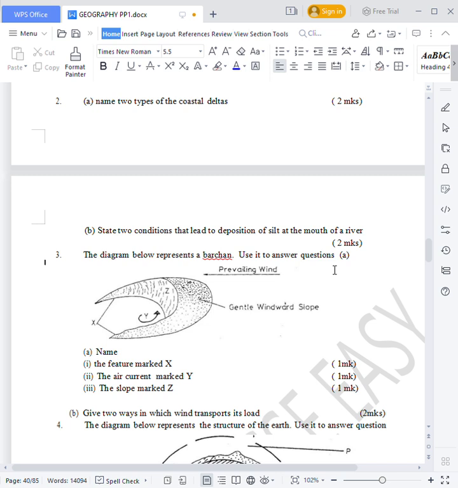You are told to name the part marked X. So there are two. We have horns. So the part marked X is horns because there are two horns.